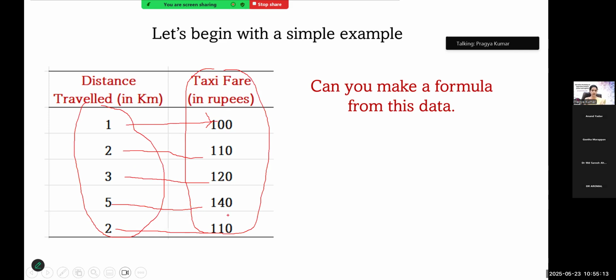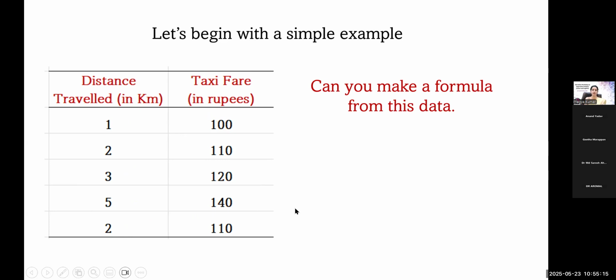If I have to make a formula from this data, meaning I want to predict, let's say, what my taxi fare will be at 10 kilometers, can you make a formula from this data? Or can you predict based on these 5 data points what my taxi fare will be if the distance is 10 kilometers?